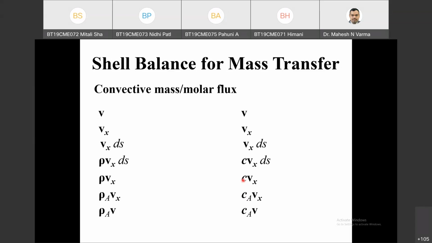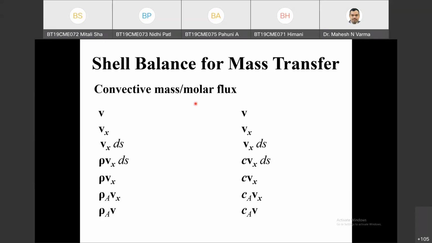If the mole fraction is known, you can use it to get the relation between CA and C. So CA into Vx is the molar flux of component A in x direction, and CA into V is the molar flux of A in a given direction. So this is the convective transport, and I think we have been studying this for the last 10-20 classes.